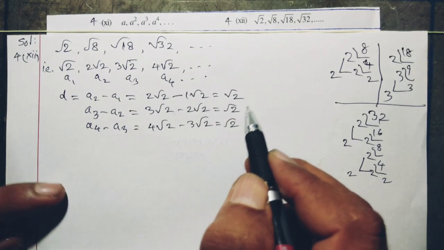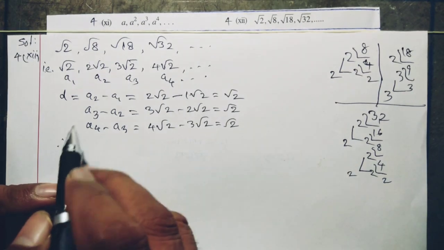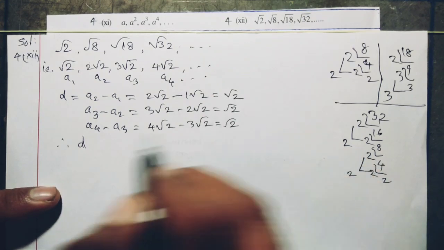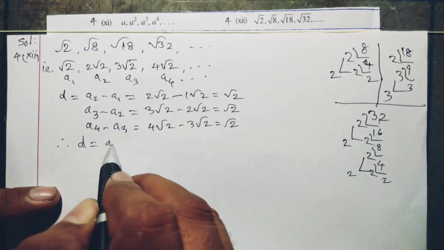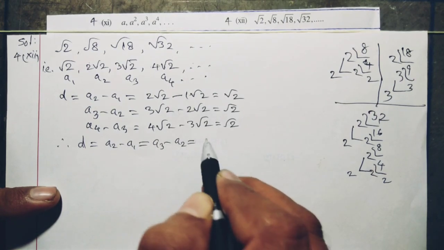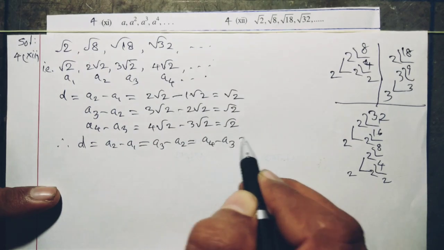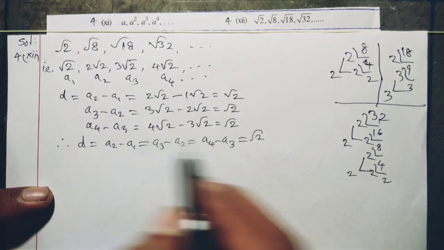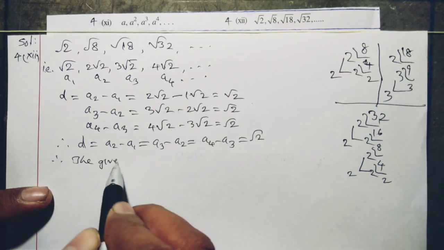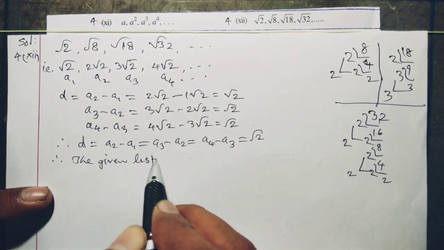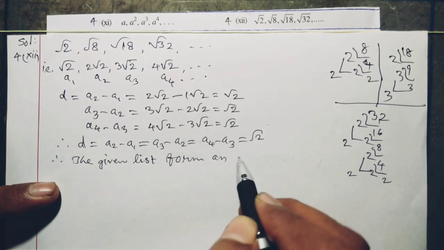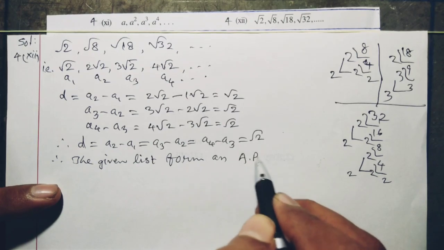Therefore, all the common differences are equal. So d is equal to root 2. So the given list of numbers forms an AP.